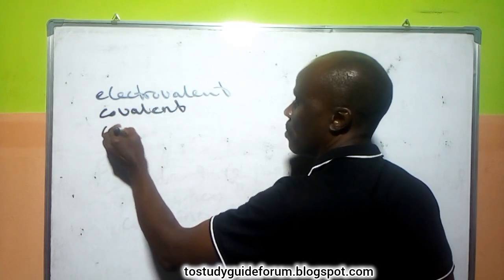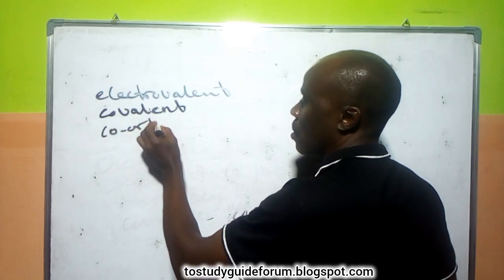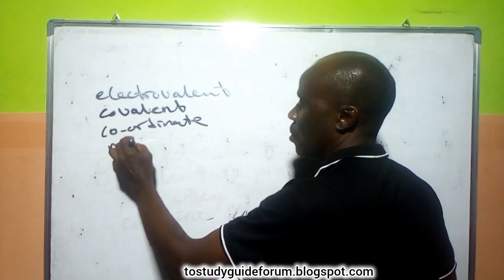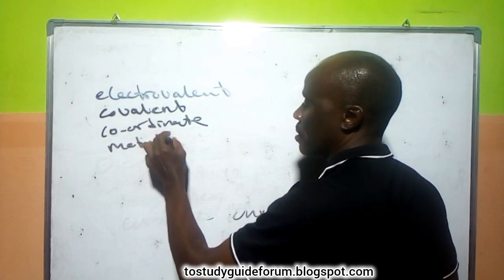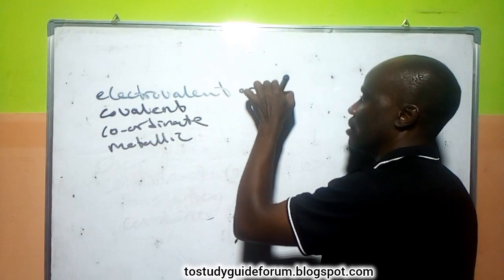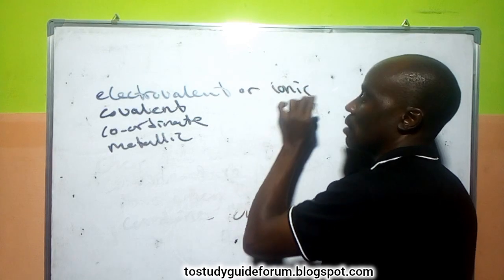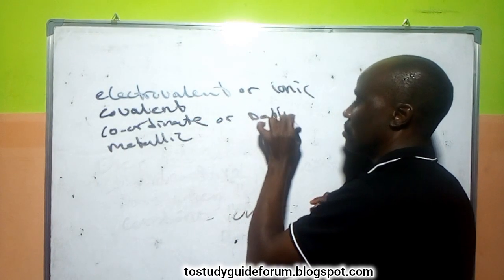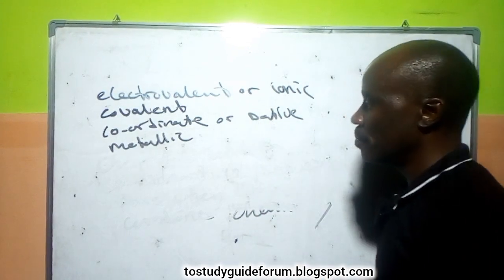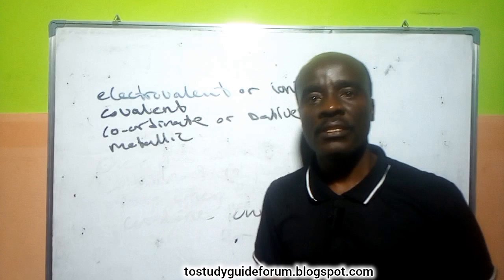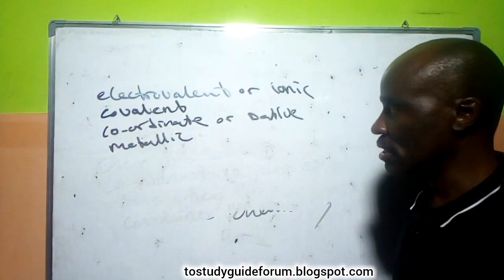We have coordinate, and we have also metallic. Electrovalent can also be called ionic. Coordinate can also be called dative bond. Now let's quickly look at the electrovalent combination or electrovalent bond.